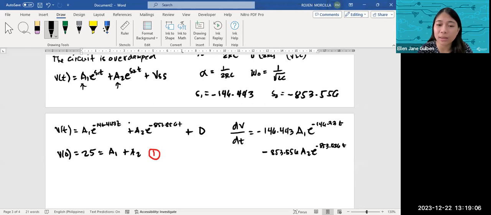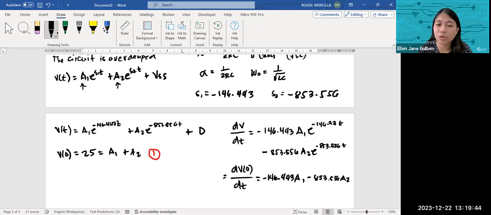We will need to find dV at 0 over dt. So this one will become 0, and we will get negative 146.443 A1 minus 853.556 A2.